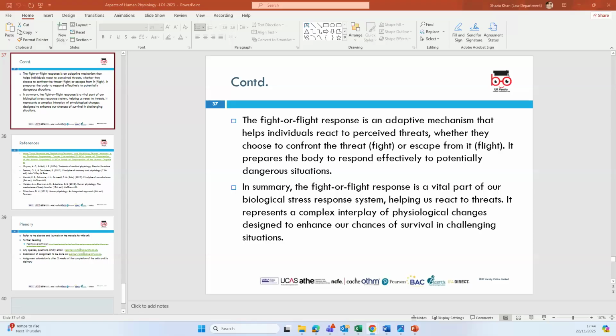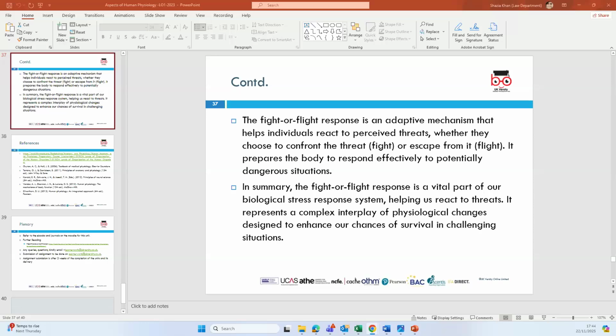It triggers physiological changes such as, like we said, your heart beating faster and your muscles becoming more tense. It prepares your body to deal with the source of stress. This can also be helpful in the short term, but if it goes on for too long without giving your body a chance to relax, it could be bad for your body.